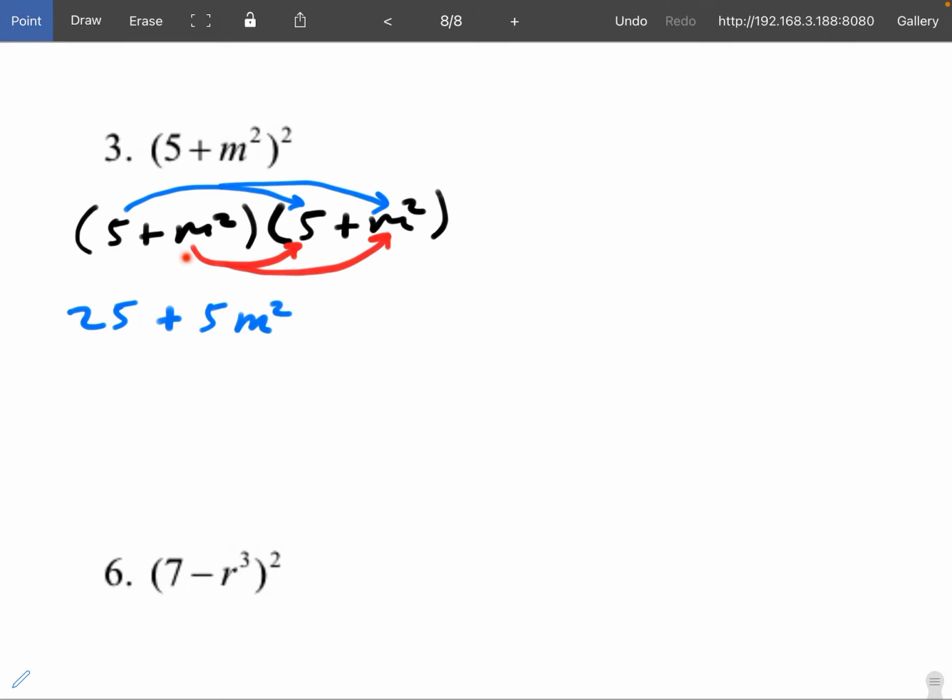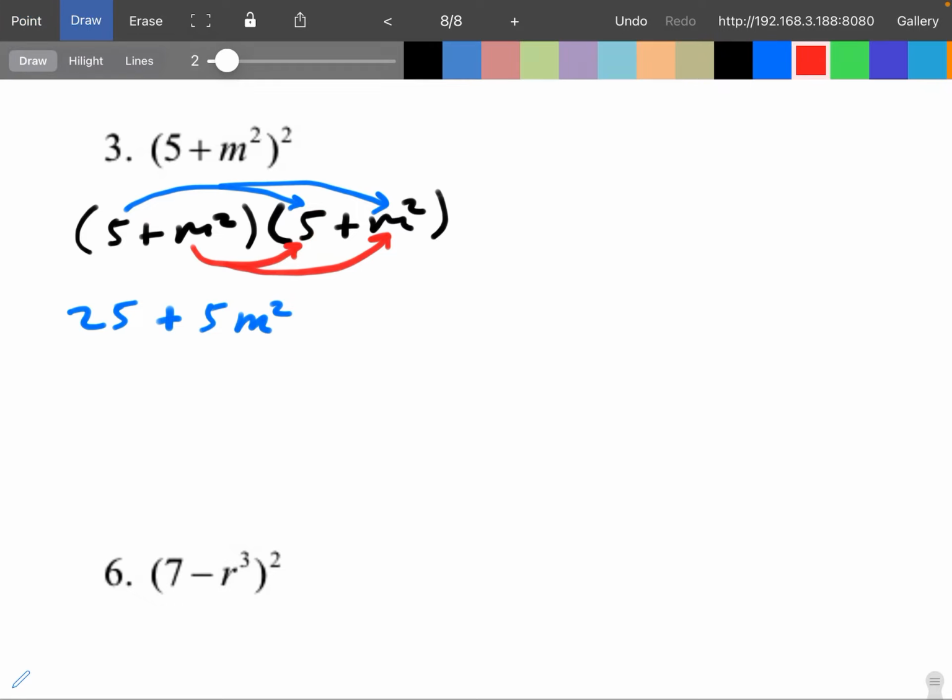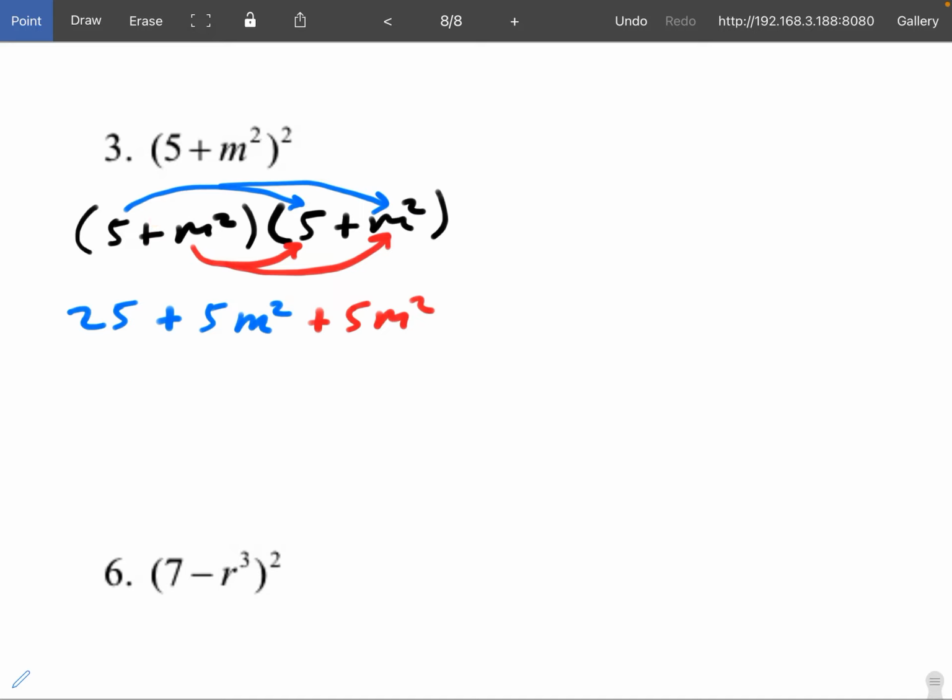And then in the red, I've got a positive m squared times a positive 5. Yeah, it's m squared times 5, but you're going to write it as 5m squared. So that's another positive 5m squared. And then at the end there, we got a positive m squared times a positive m squared.